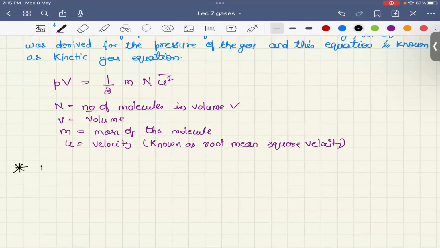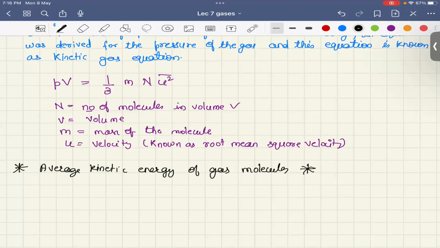Next topic is average kinetic energy of gas molecules. Using the above relationship and gas laws, the relationship between average translational kinetic energy of a molecule at a temperature T of the gas can be derived.